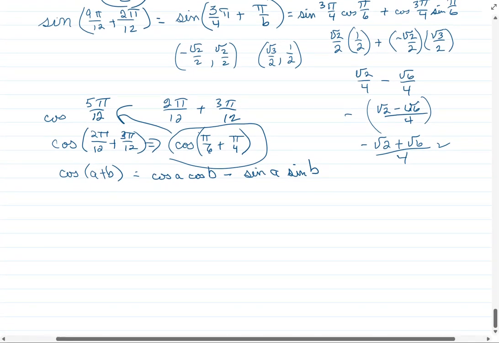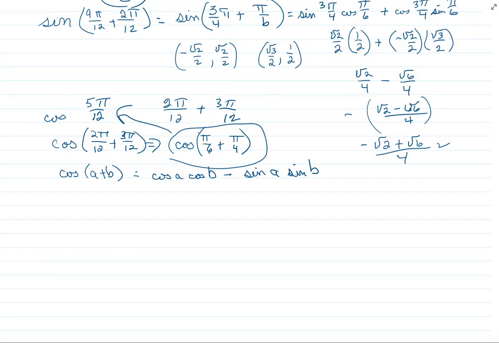Okay, and we know they're both in quadrant 1, which makes them both what? Positives. So in pi 6, we have the square root of 3 over 2 and the 1/2. And in pi fourths, we have the 45 degrees. So we know they're both the same, square root of 2 over 2.